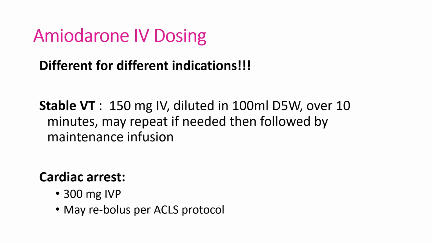If they're in cardiac arrest, so if they're in pulseless VTach or V-fib, then you would give 300 milligrams IV push, and you can rebolus per ACLS protocol, which would be 150 at about 5 minutes. Lidocaine may also be considered as an alternative to amiodarone for V-fib or pulseless VTach that is unresponsive to CPR, defibrillation, and vasopressor therapy.